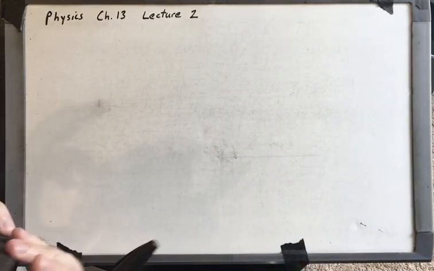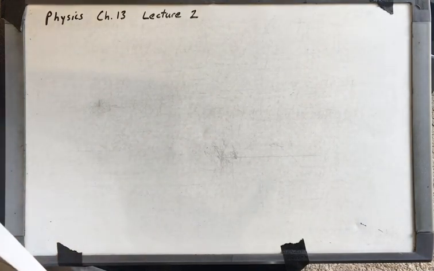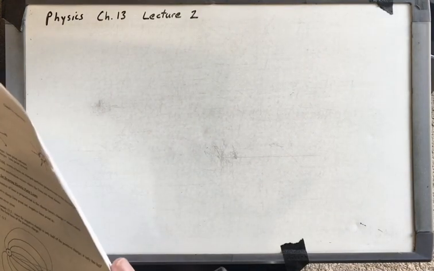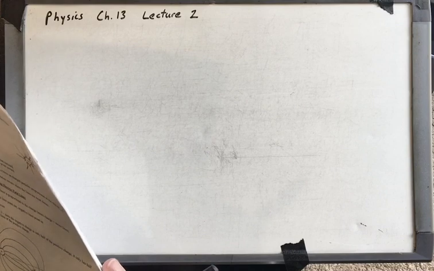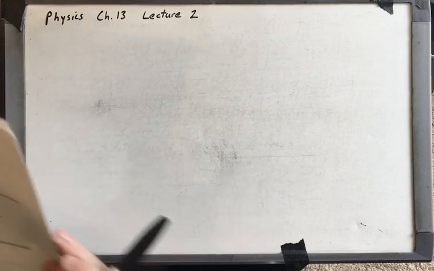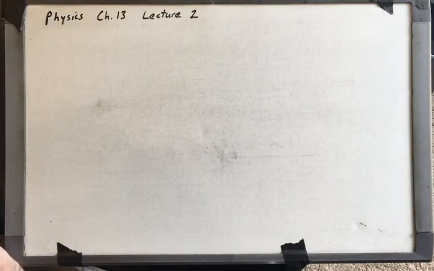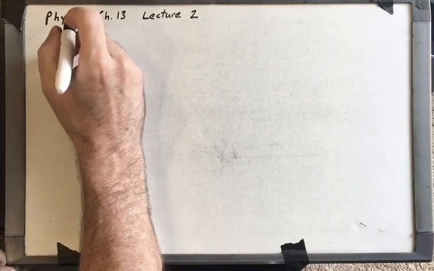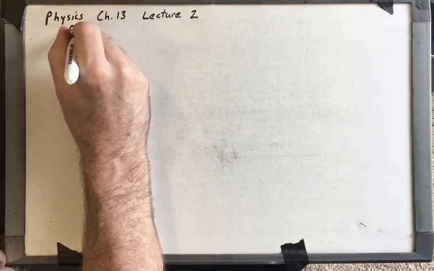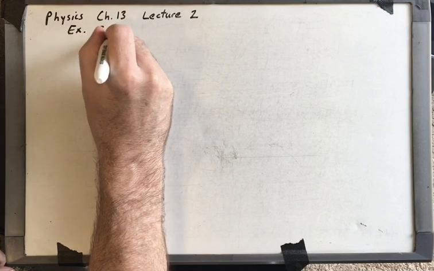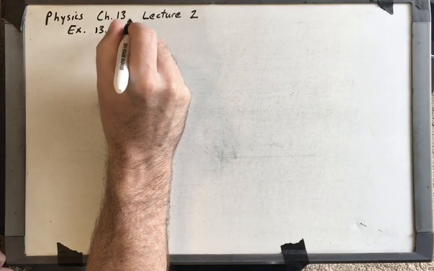Okay, this page of your notes is not really math at all. We're about page 439 in the book, and it's drawing electric field lines. And I'm going to refer you to example 13.3. You're going to want to look over that on page 442.